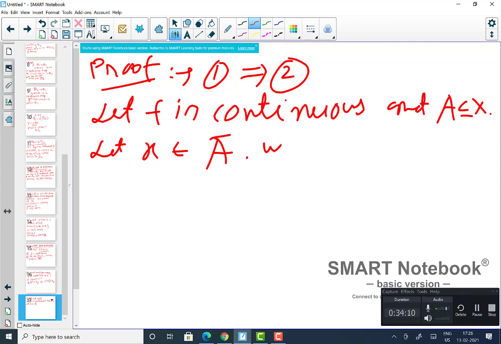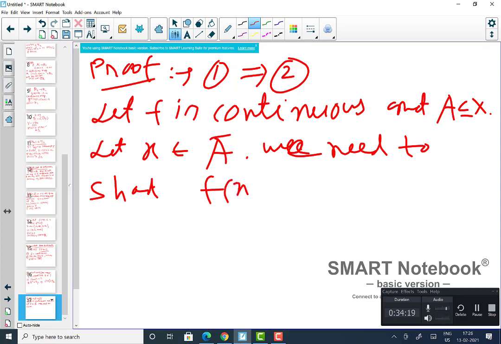We need to show that f of x, that means f of this, has to be inside the closure of f of A. This is what I need to show.